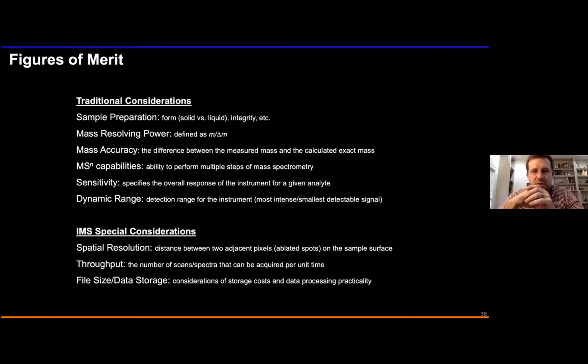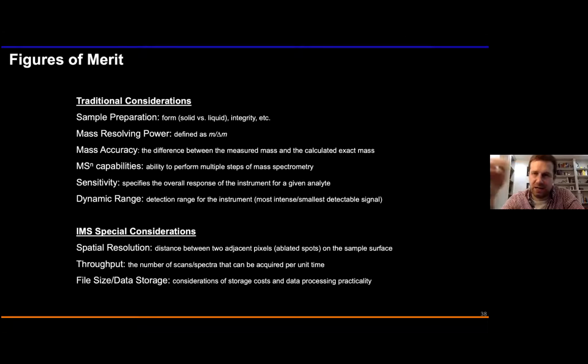And this eventually determines the level of structural detail that we can glean from an image. And then the throughput and file size is really important as well. So as I mentioned, we're taking many different measurements across the tissue surface. This is typically thousands of individual measurements. So the time per pixel, the time per mass spectrometric acquisition, needs to be very rapid.